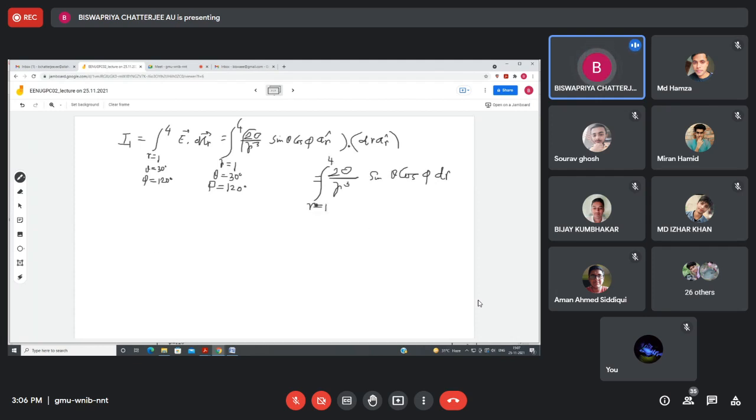You need to integrate r from 1 to 4, keeping theta equal to 30 degree and phi equal to 120 degree.